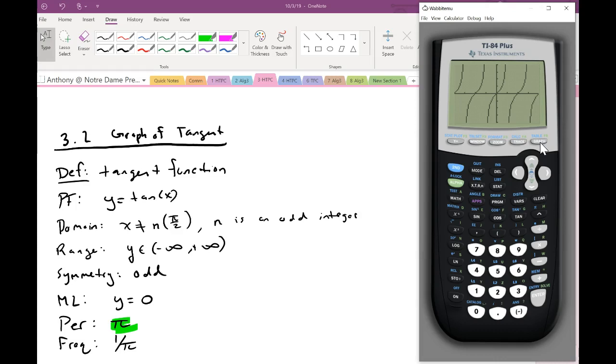Everybody's okay with this? So, a couple of things I notice is it looks like there are vertical asymptotes, right? Everybody see that? Those are corresponding to the locations where the x's aren't in our domain, right?